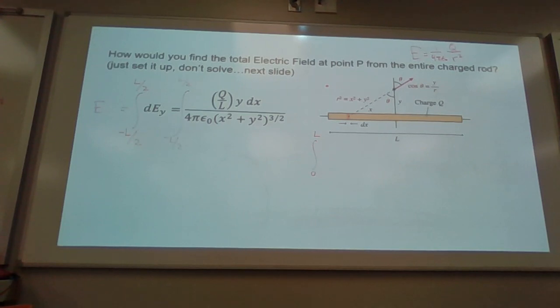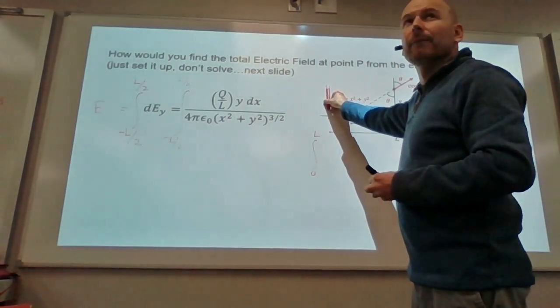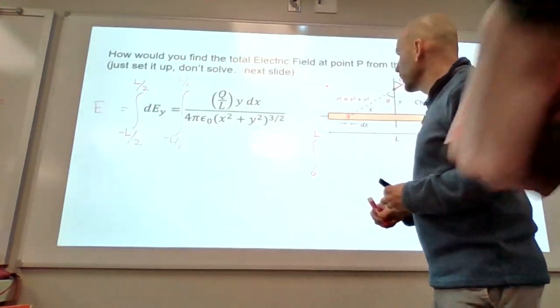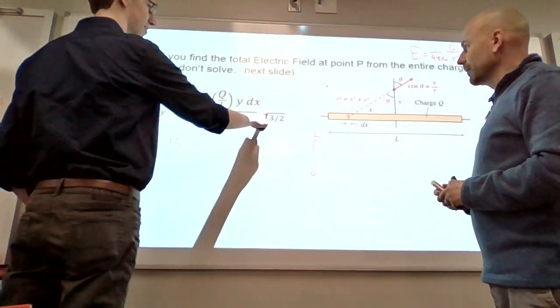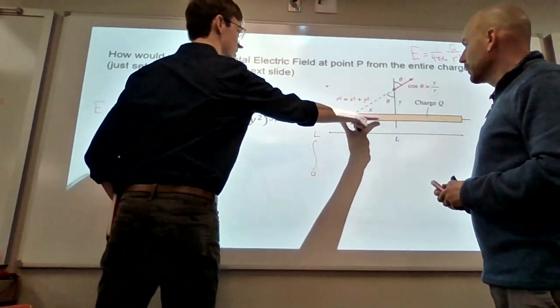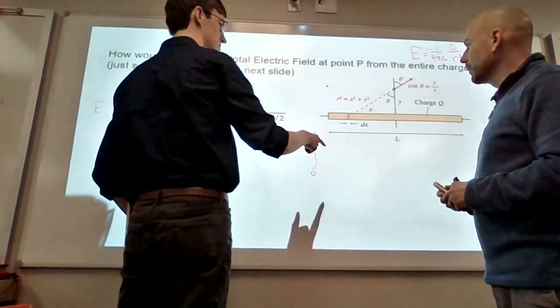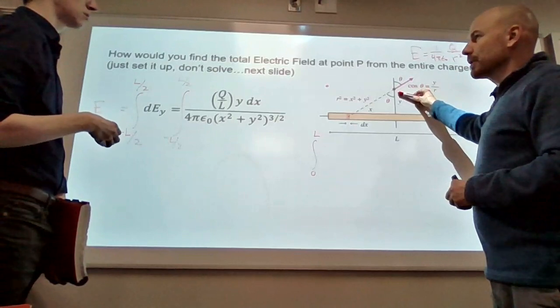Would 0 to L be all the way over, way on the left? Why there, instead of here? Like you take this L over 2 and move it here. Because you have this y, you're a certain distance above that.